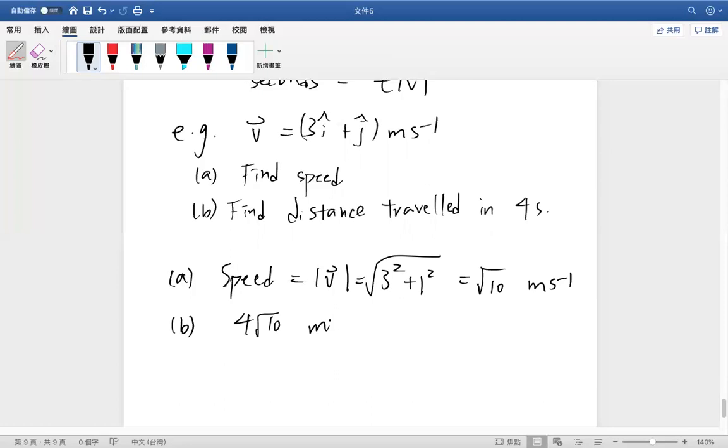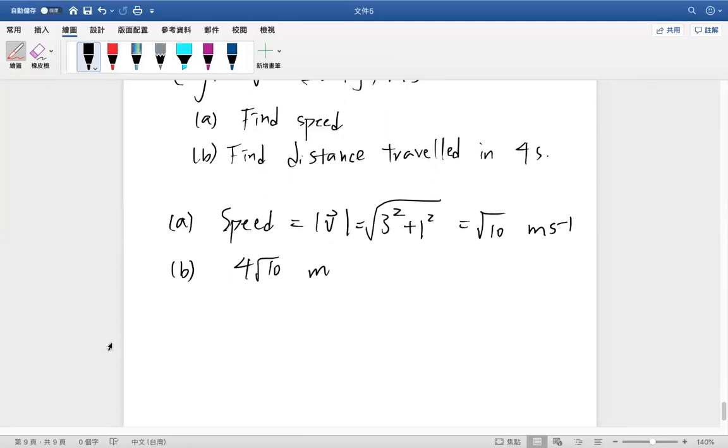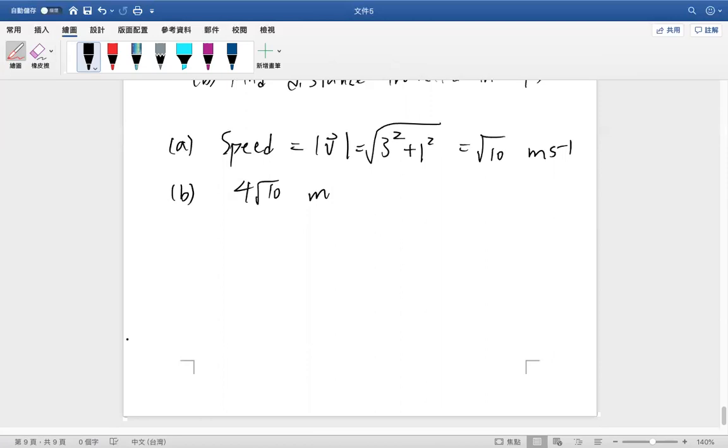Next one. What's convenient about this velocity vector is we can describe the position of a particle using it. So the fact here is, for example, let's draw a picture.